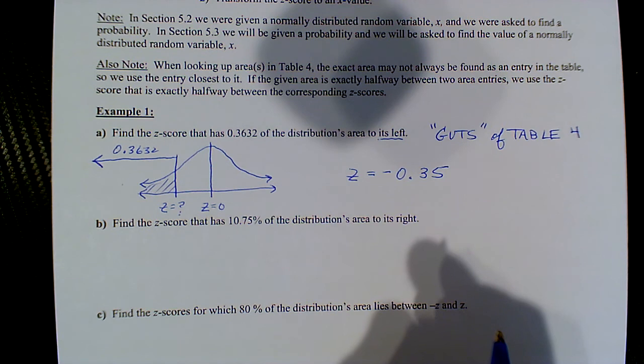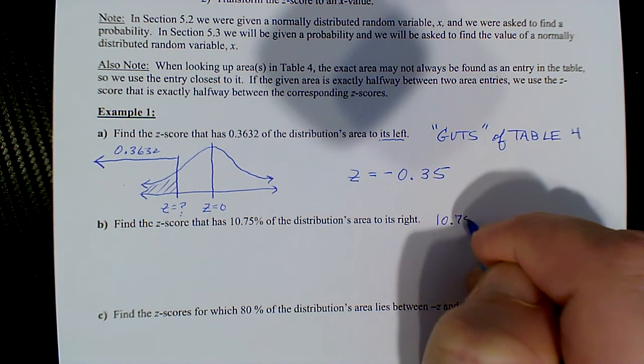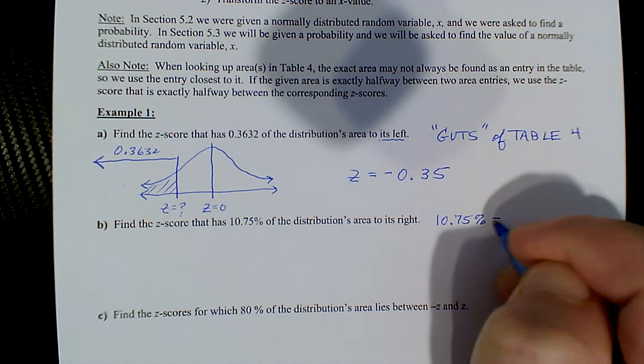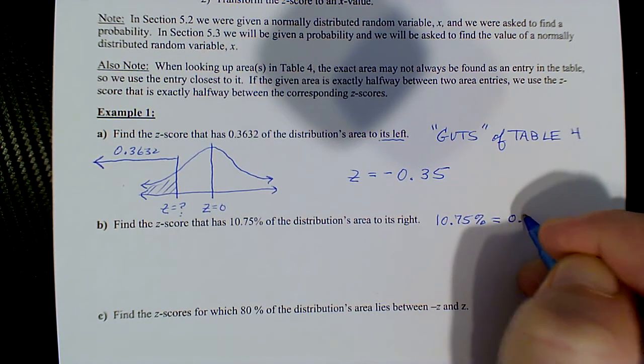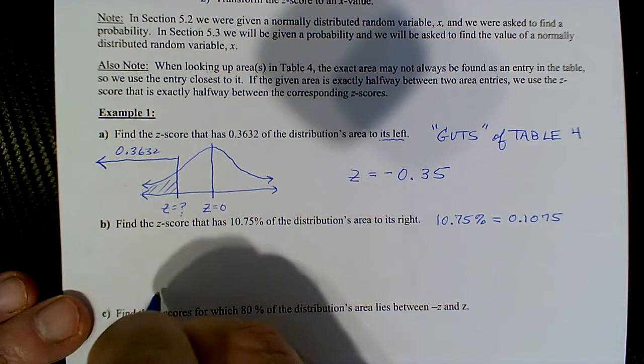Okay, so now it says find the z-score for this part. 10.75% of the distribution is to its right. So first we've got to convert the 10.75% to a decimal. So 2 places to the left, 0.1075.